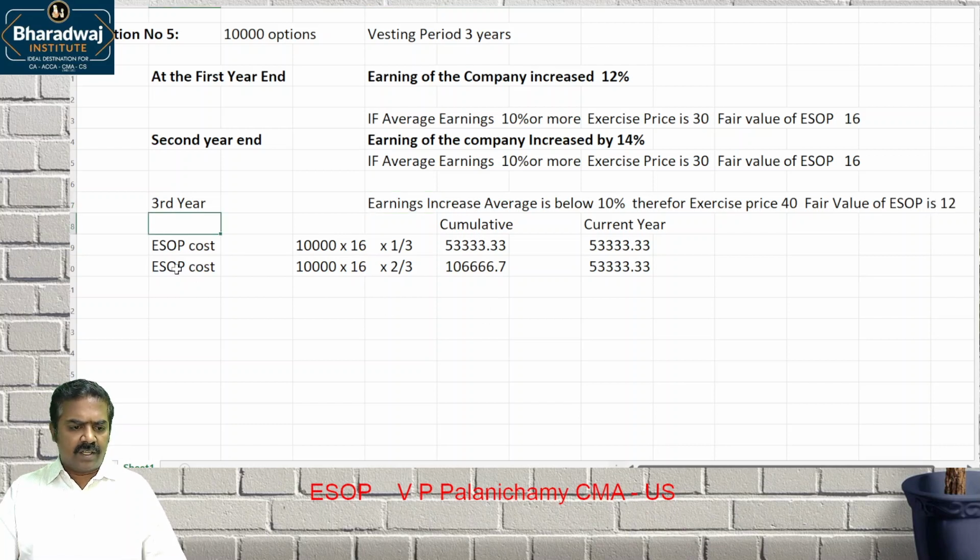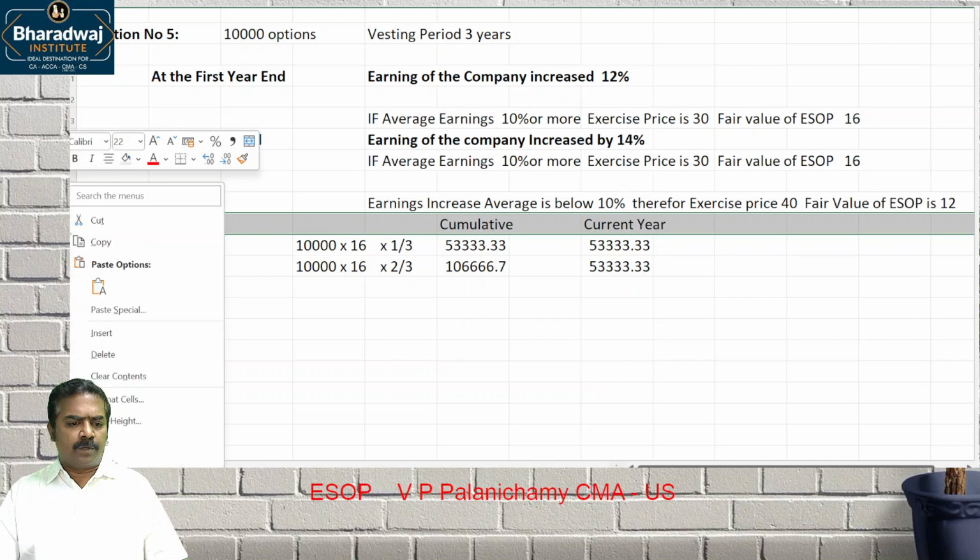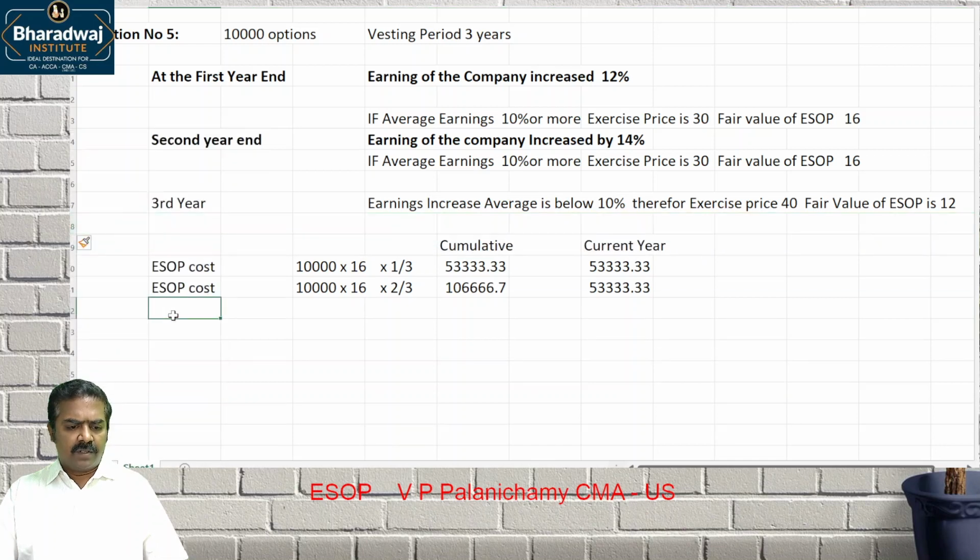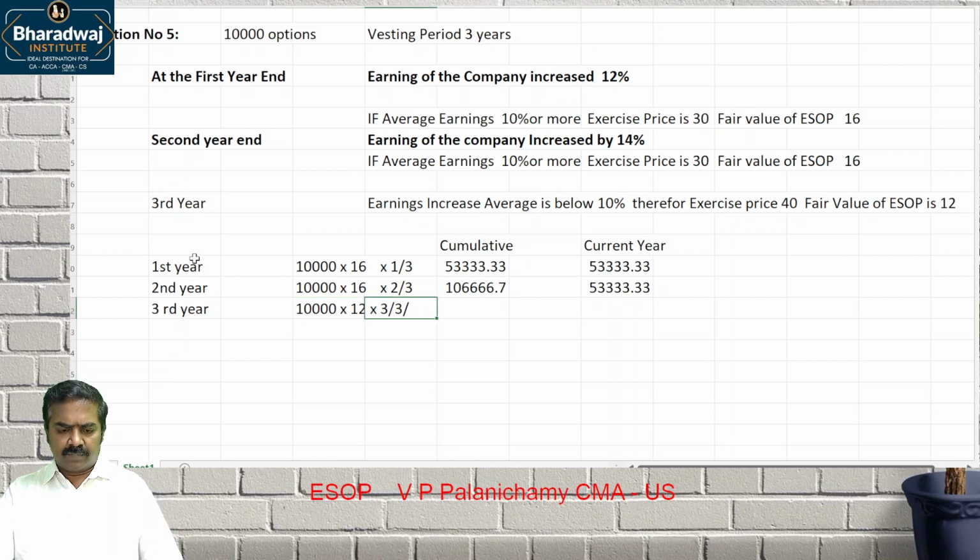So for the third year, we'll create the provision based on 16 rupees fair value or 12 rupees fair value? ESOP cost for the third year will be 10,000 into 12 into 3 by 3, as the 3 years period is complete. How much will it be? 1,20,000.